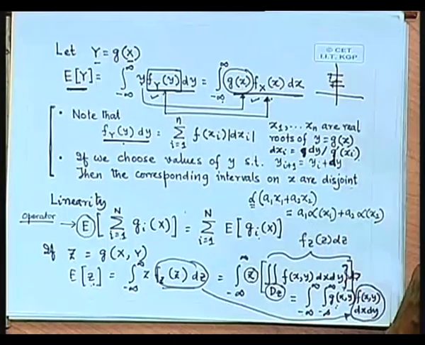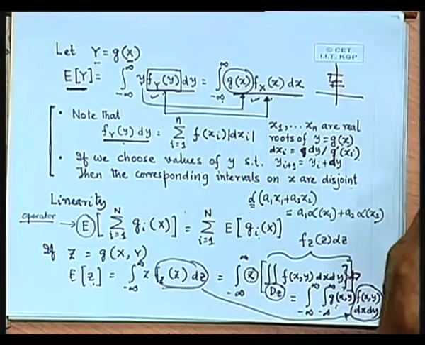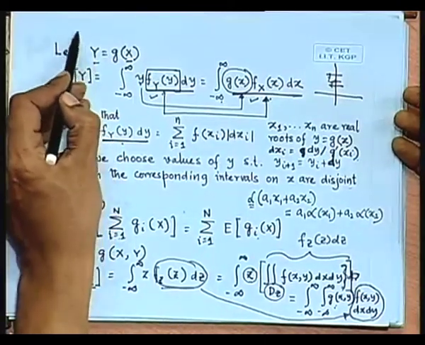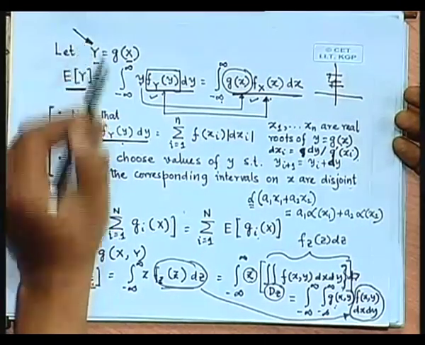Now let us consider more complex functions. Suppose x and y are jointly distributed variables and z is a function of x and y, right. So now what is the expectation of z? Previously we had a function in one dimension, y = g(x).